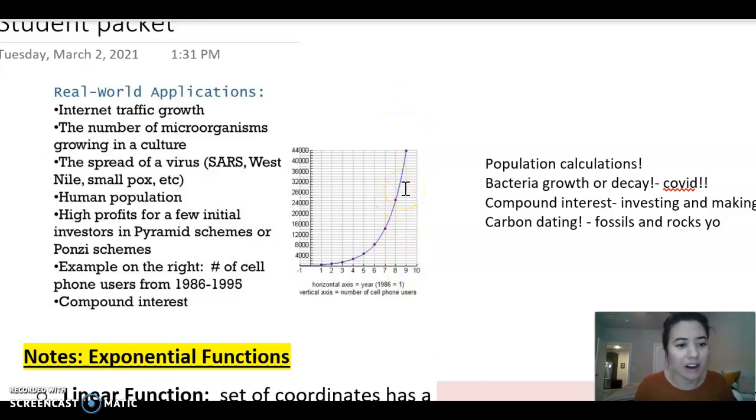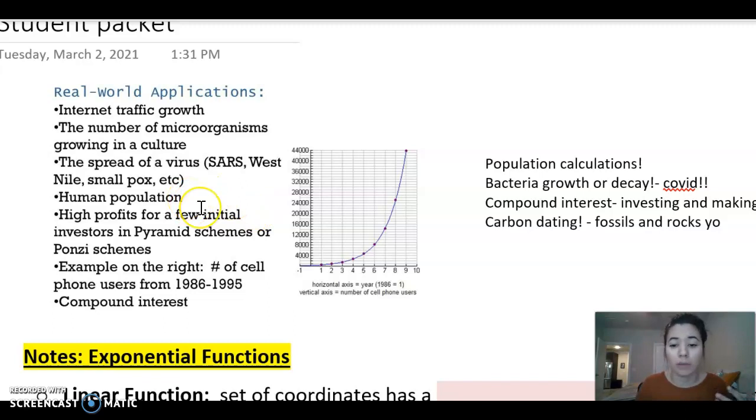So that's technology. Other reasons we use exponential functions are microorganisms and bacteria. If you like biology and learning about those kinds of things, exponential growth is huge. The spread of a virus, COVID, was modeled with exponential functions.